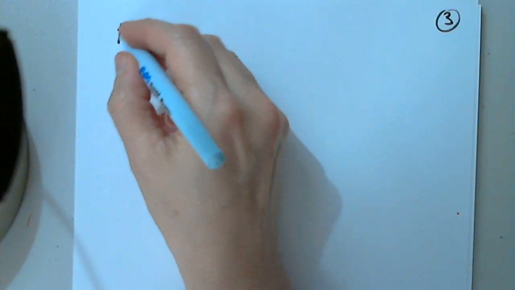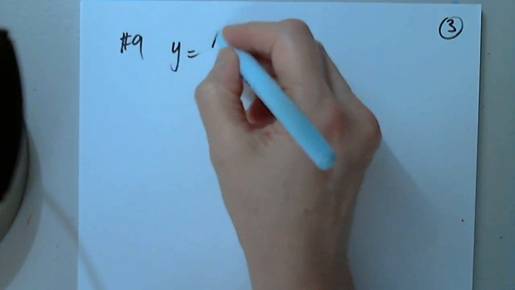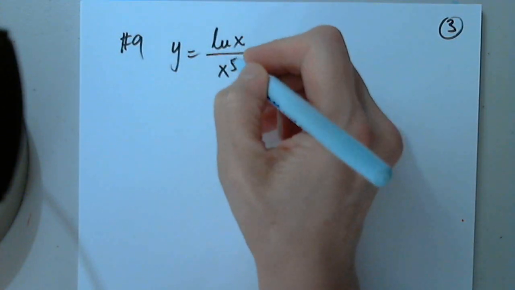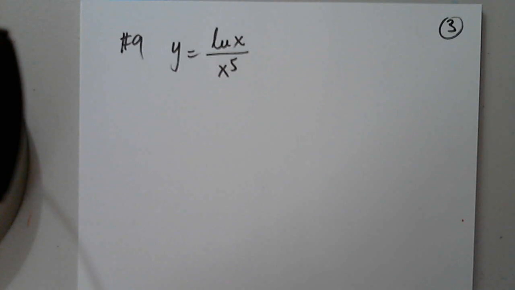Okay, so number 9. We have natural log x over x to the 5th. So y equals natural log x over x to the 5th, and they're asking us to differentiate.